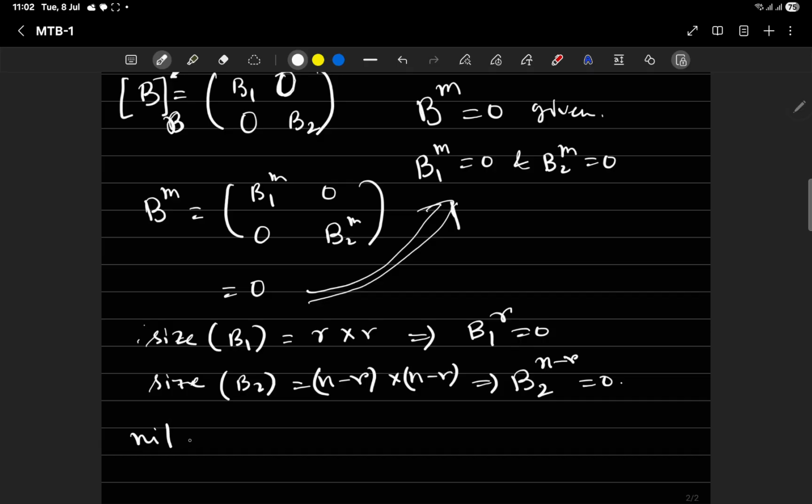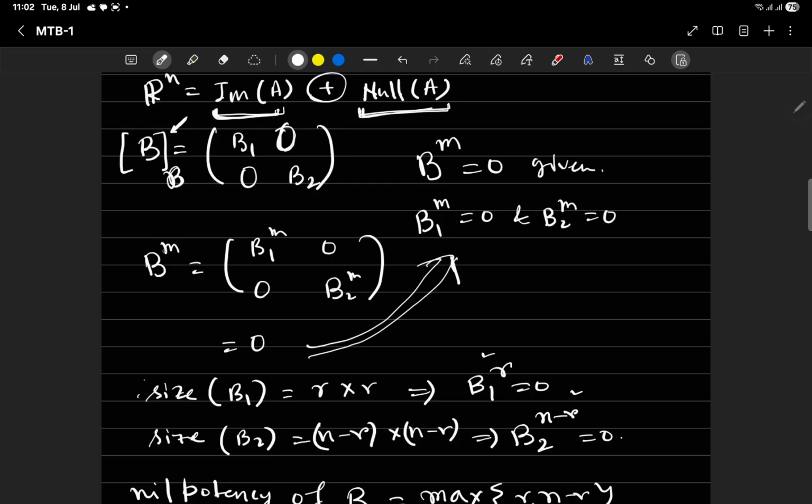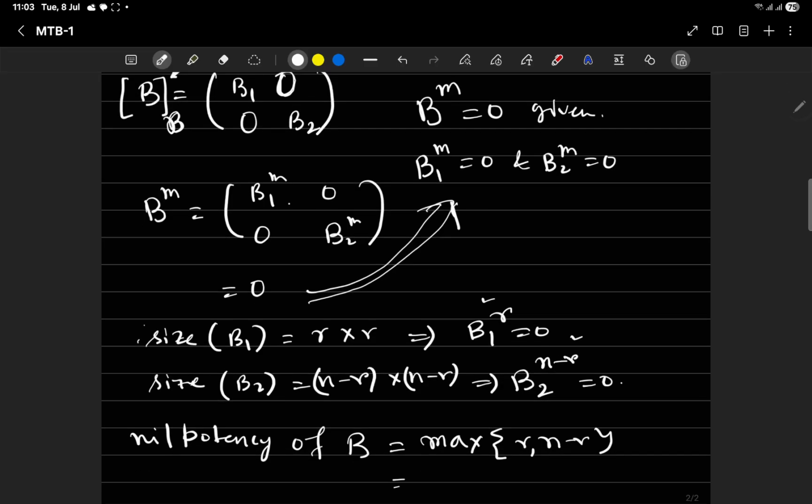What is the nilpotency then? Nilpotency of B is simply the maximum of r and n minus r, isn't it? क्योंकि देखो अगर इन दोनों में से n माइनस आर मैक्सिमम है तो n माइनस आर पुट करने से दोनों ही जीरो हो जाएगा, तो B जीरो हो जाएगा, तो हमें मैक्सिमम लेना है। पर इन दोनों में मैक्सिमम क्या है? n माइनस वन है, क्योंकि r ranges over n minus 1 to 0.